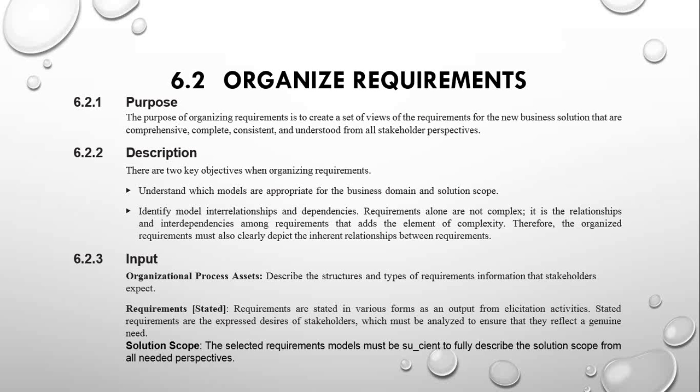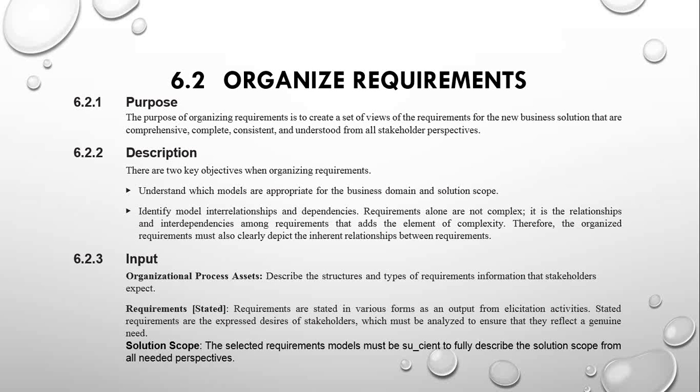Requirements are stated in various forms as an output from elicitation activity. Stated requirements are the expected desire of stakeholders which must be analyzed to ensure that they reflect a genuine need. So stated requirements, we are very clear. In the data elicitation process also we have stated and unstated. Stated is something which got approved and everyone has consensus on.